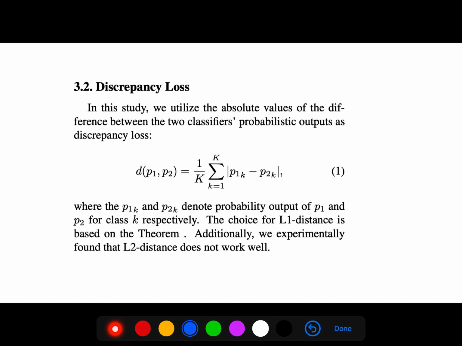So we utilize the absolute value of the difference between the two classifiers' probabilistic outputs as discrepancy loss, where P1 and P2 are the probabilities for class K, respectively. The choice of L1 distance is based on the theorem, and we experimentally found that L2 distance does not work well.